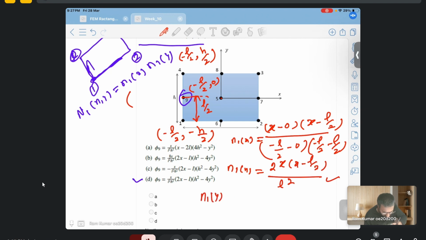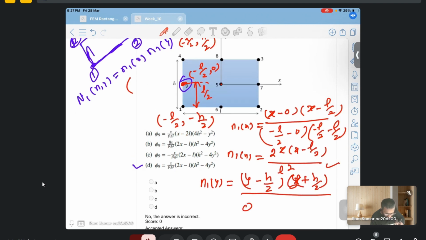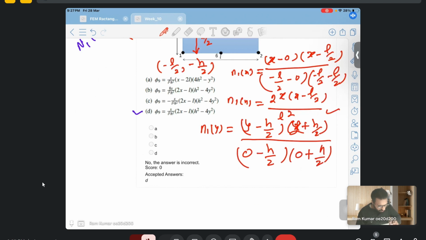Then what will we have in the y direction? It will be similarly y minus 0 for this point. So y minus h by 2 into y plus h by 2, divided by 0 minus h by 2 into 0 plus h by 2. Am I right? Yes. So then how can we solve?